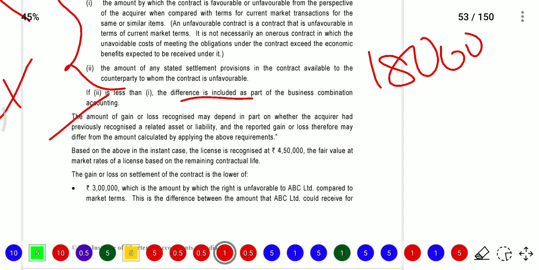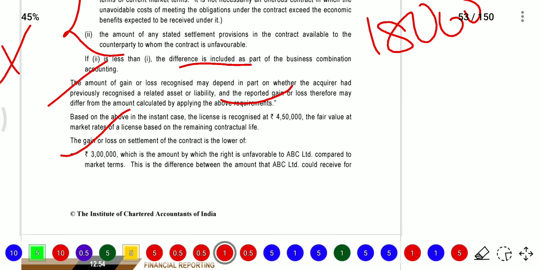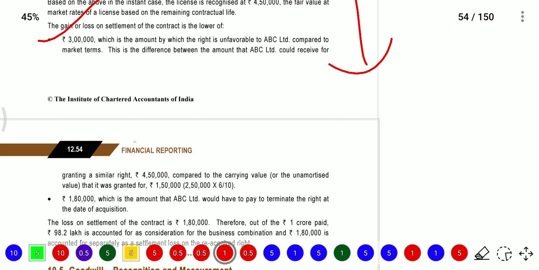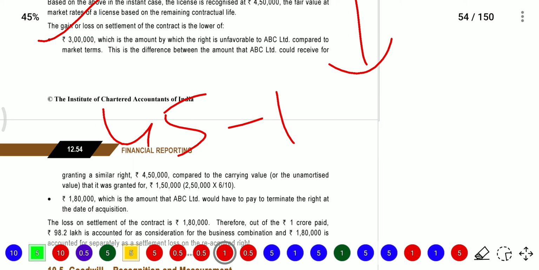So in the instant case, the license is recognized at 4,50,000, the fair value at market value of the license based on the remaining contractual life, which is the 6 years franchise, priced at 4,50,000. The gain or loss on settlement of the contract will be the lower of 4,50,000 minus 1,50,000.